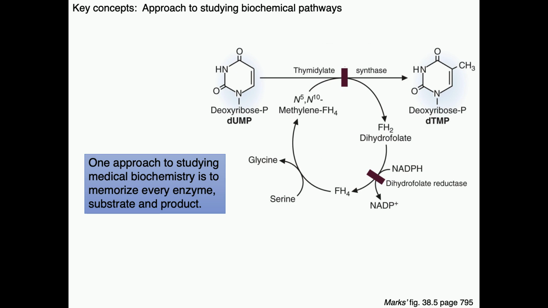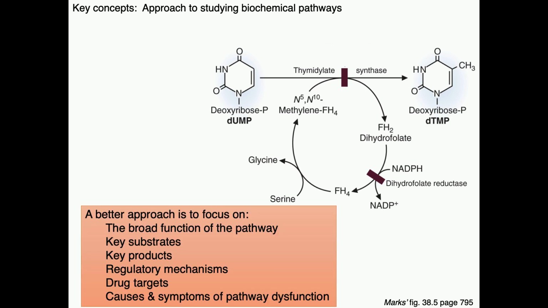Okay, so first thing is to look at the broad function of the pathway. Use that teleological argument: imagine you are a cell in the body, why are you doing this? What does this support?